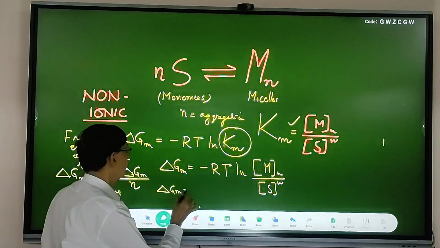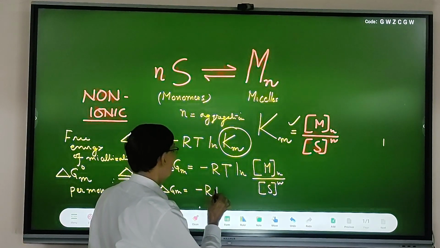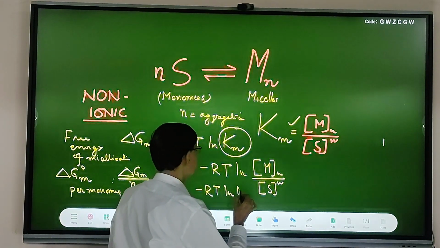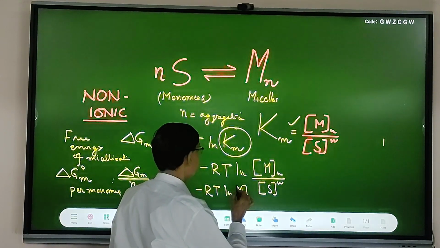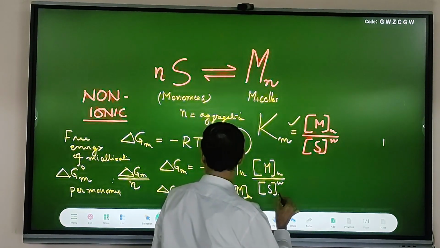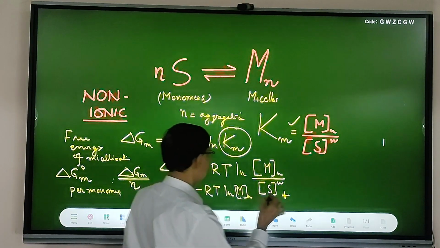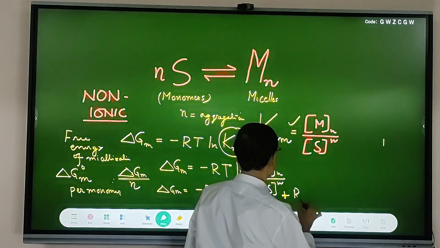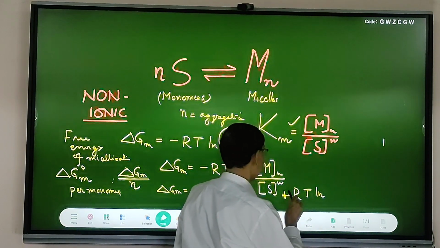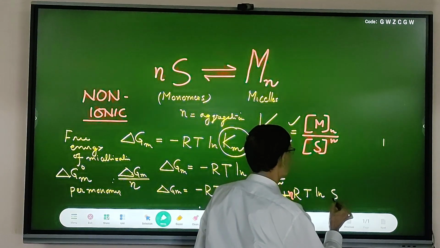Delta G of M is equal to minus RT natural log of M, plus N RT natural log of S. Sorry, this is N RT natural log of S.